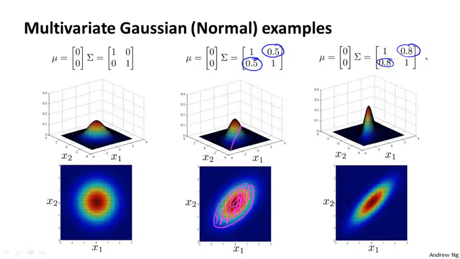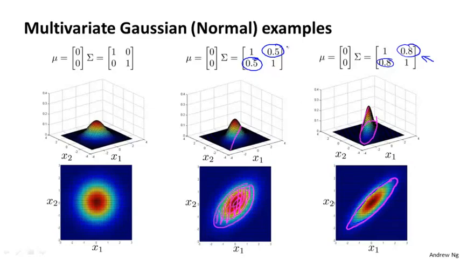And as this entry 0.8 gets large, you get a Gaussian distribution where all the probability lies in this narrow region where x is approximately equal to y. It's a very tall, thin distribution, lying mostly along this central region where x is close to y.